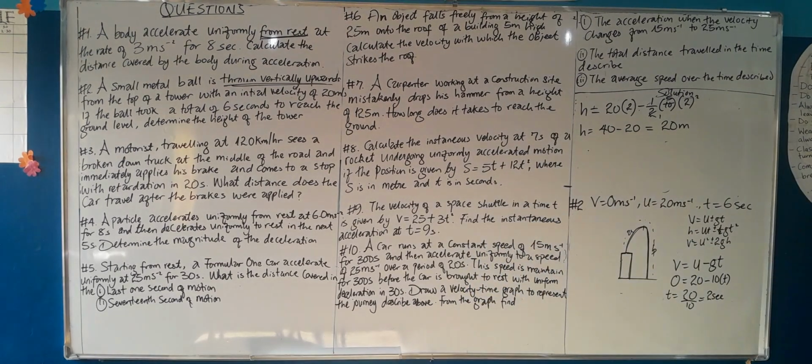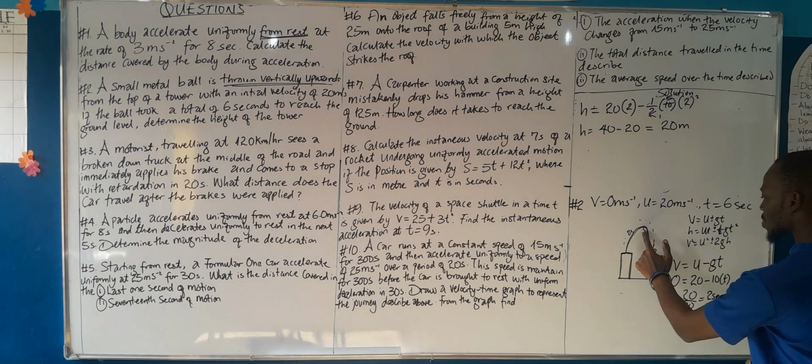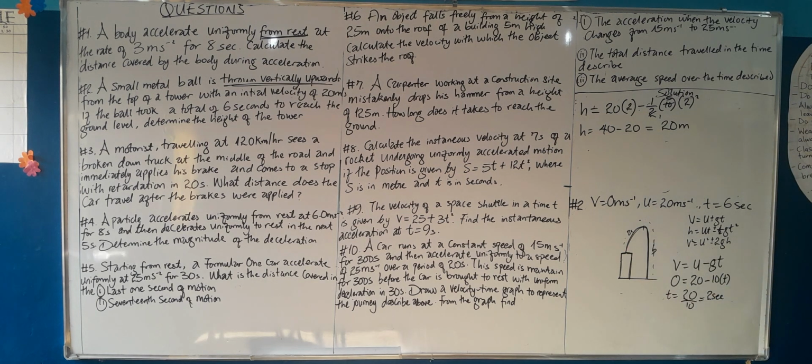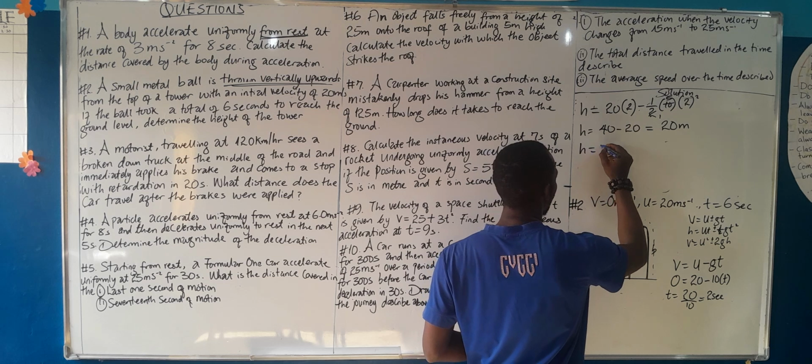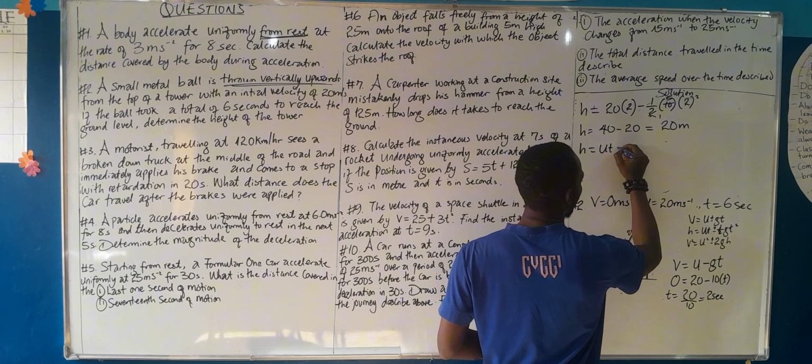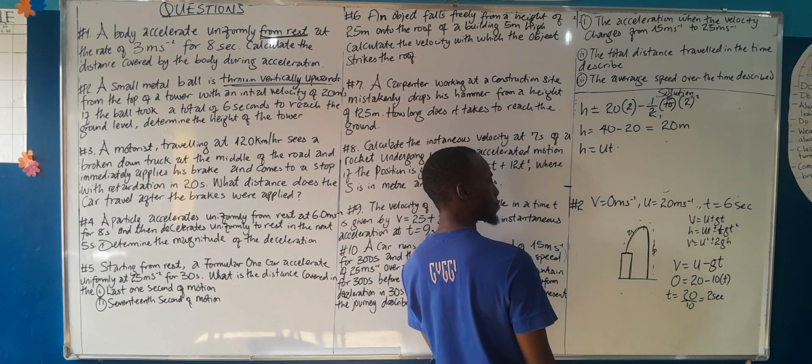Very interesting. So we found the height of A. Now let's find the height from this point to this point. Now we need this formula. The formula is H equals UT. Will it be plus or minus?